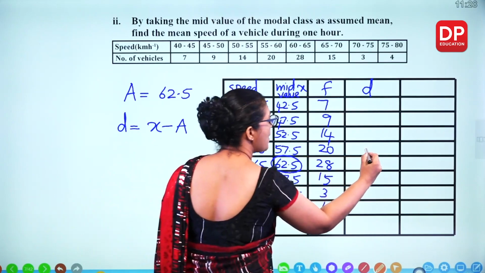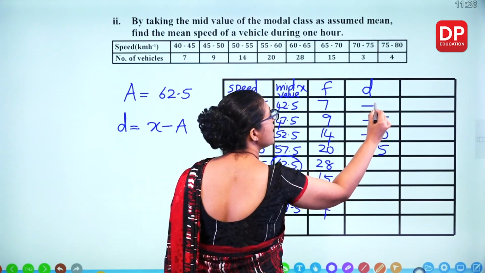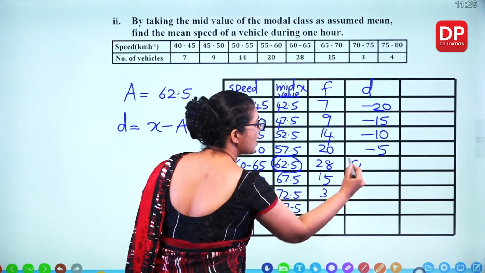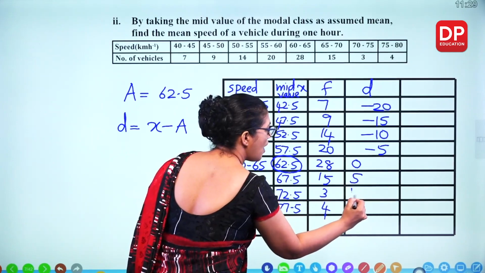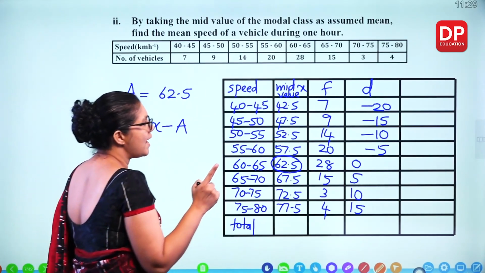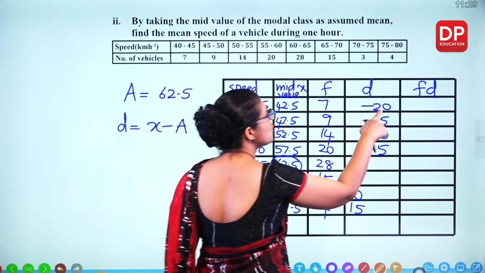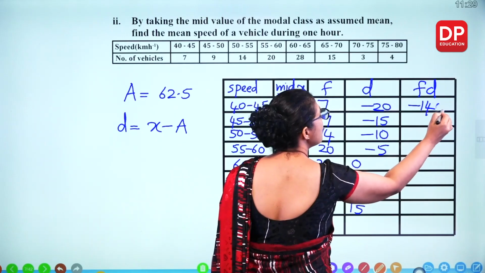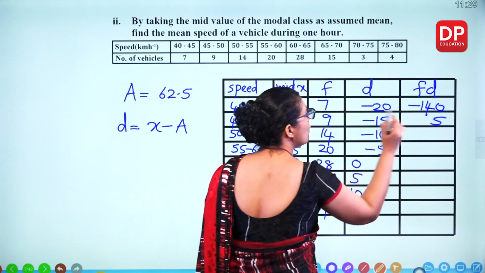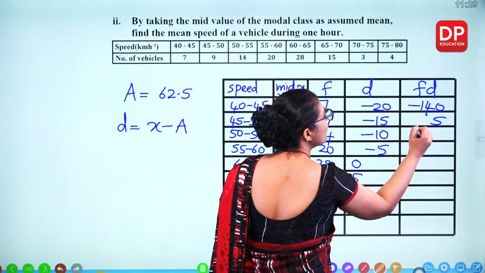So, this is minus 5, minus 10, minus 15, minus 20. This way you get positive values starting from 0. 5, 10, 15. Now multiply f and d. F into d. 7 times minus 20, minus 140. 15 times 9, minus 45 and minus 30.